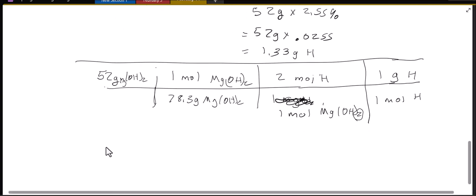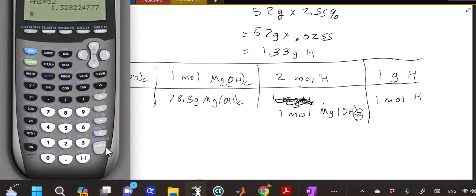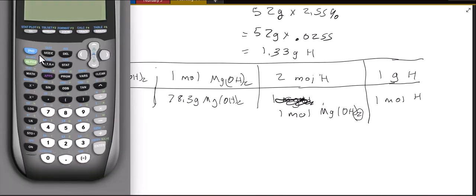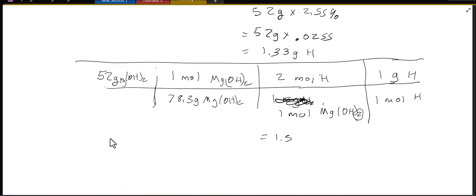And so if I do this, 52 times 2 over 78.3, and I get 1.33 grams hydrogen. So same problem, just done 2 different ways.